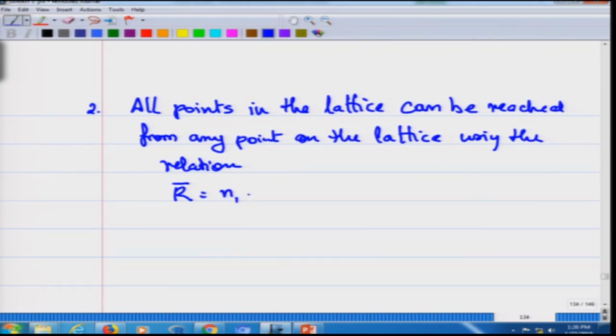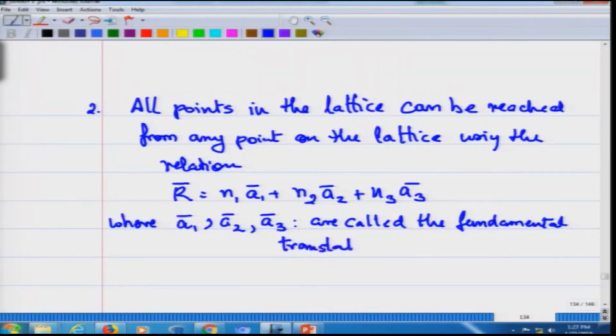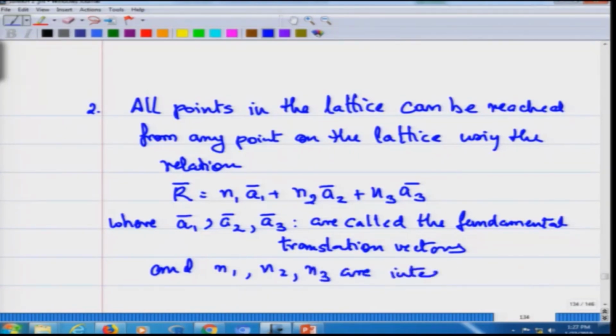R bar is equal to N1 A1 plus N2 A2 plus N3 A3, where A1, A2 and A3 are called the fundamental translation vectors, and N1, N2, N3 are integers.